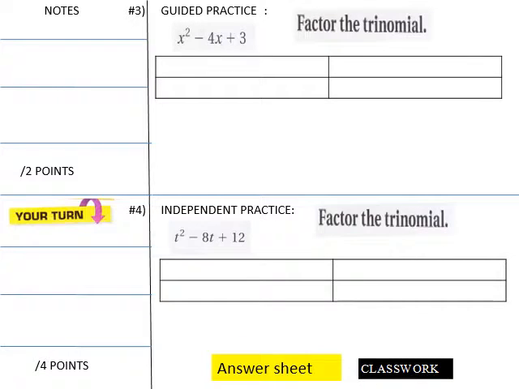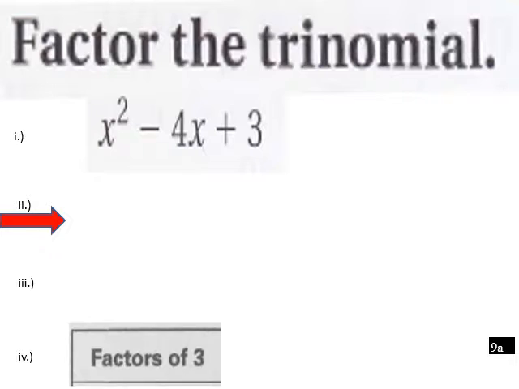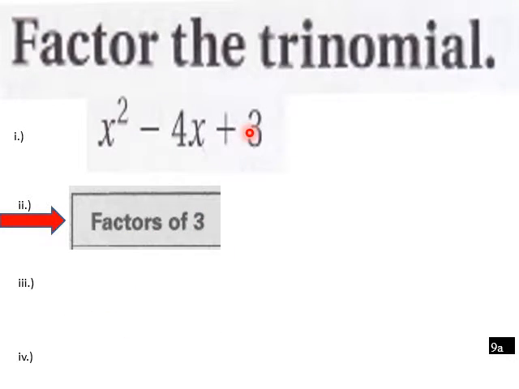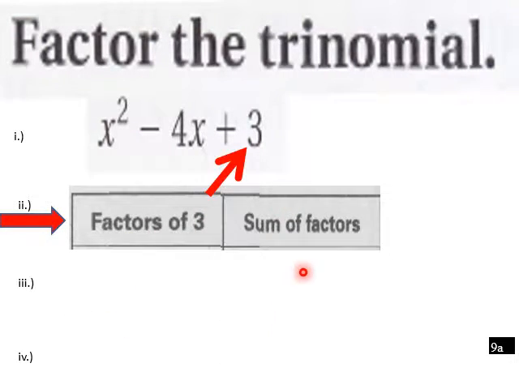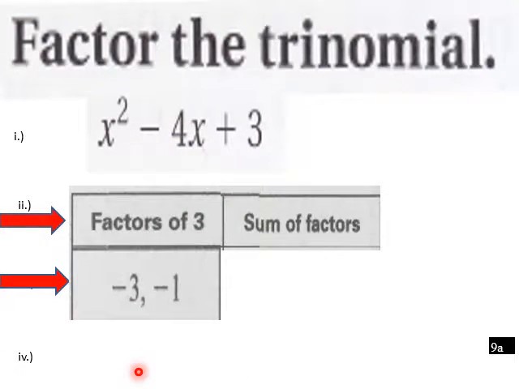Okay, guided practice, factor the trinomial. Students, this is yours here. Pay attention. So yours, factor that trinomial. Factors of 3 are c, and the sum of factors is for our b. So for our c here, it'd be negative 3, negative 1.